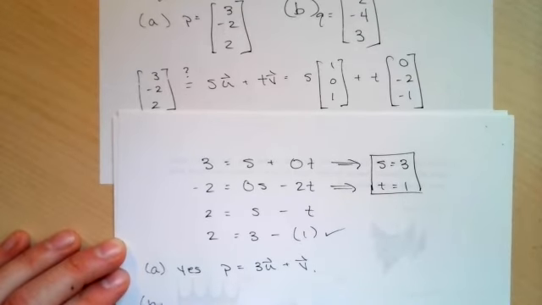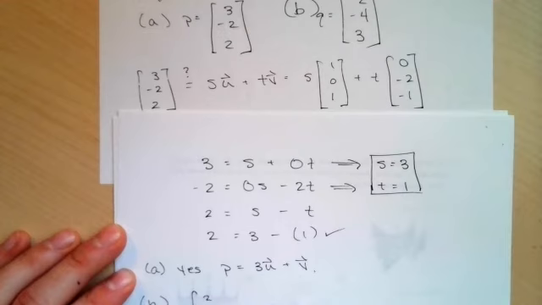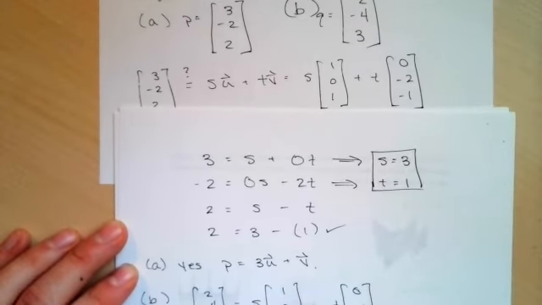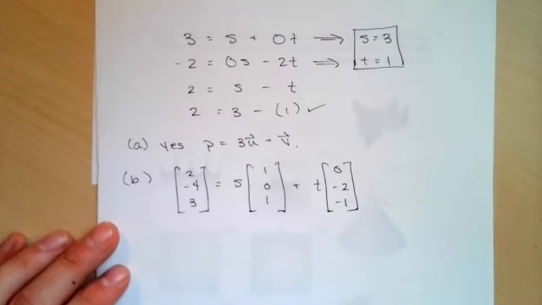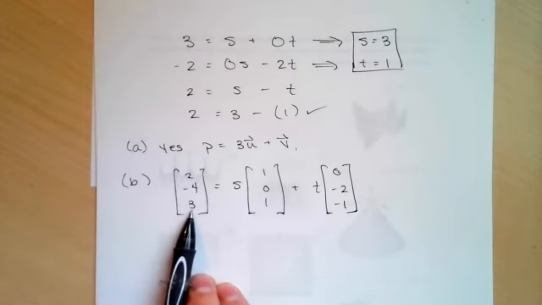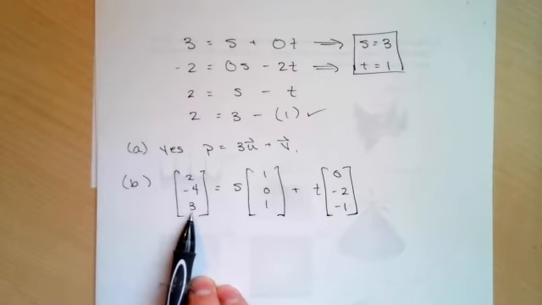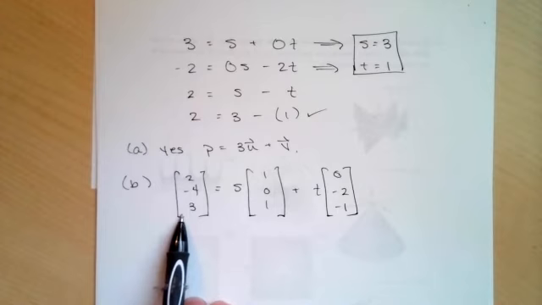We want to do something similar for B. So our Q was (2, -4, 3). And again, we're looking for constants S and T. Oops, sorry for being off screen there. So this was the point in question. We want to know, is this on the plane?